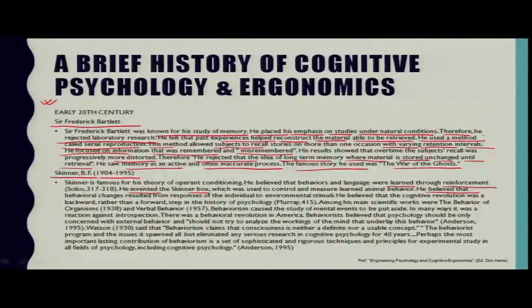He believed that behavioral changes resulted from responses of the individual to environmental stimuli. He believed that the cognitive revolution was a backward rather than forward step in the history of psychology. Among his main scientific works were The Behavior of Organisms and Verbal Behavior in 1957.